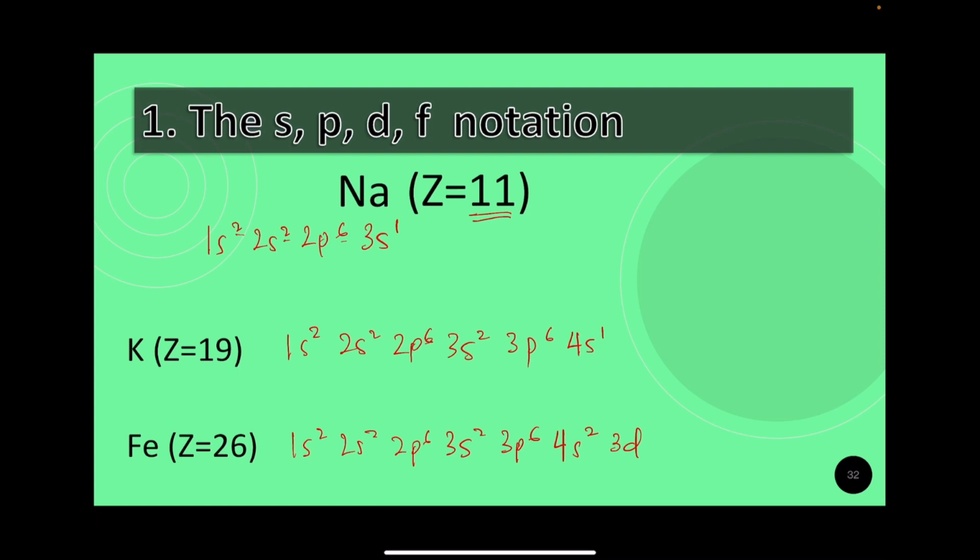Okay, 20 until 4s, which means 6 electrons remain. Just fill them into the 3d orbital. You must remember that the d orbital can hold a maximum of 10 electrons. The s orbital holds 2 electrons, the p orbital 6 electrons, the d orbital 10 electrons, and so on. Alright, so this is how to write down the electron configuration using SPDF notation.